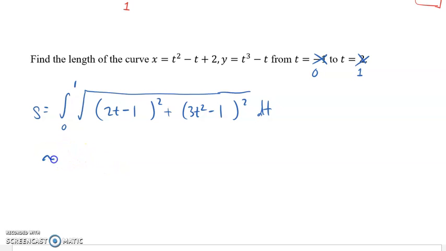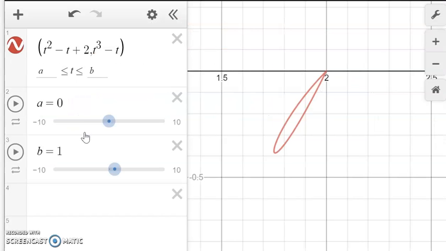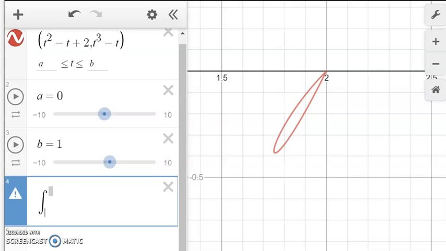Alternatively, you can go ahead and pull out a calculator and get a decimal approximation for this. I'm not very interested in spending a very long time trying to figure out obscure integration techniques that may or may not even work for something like this. So let's just go ahead and go back to Desmos, and we're going to integrate from 0 to 1 of the square root of something squared plus something else squared dt.